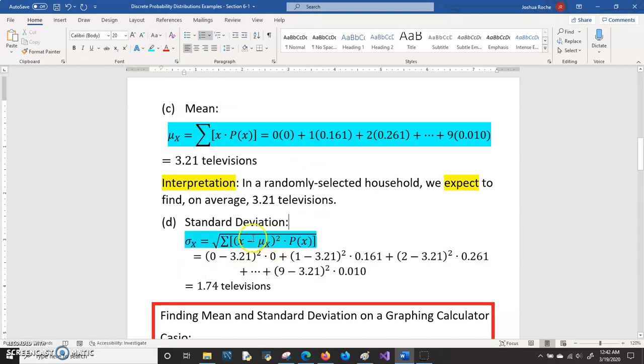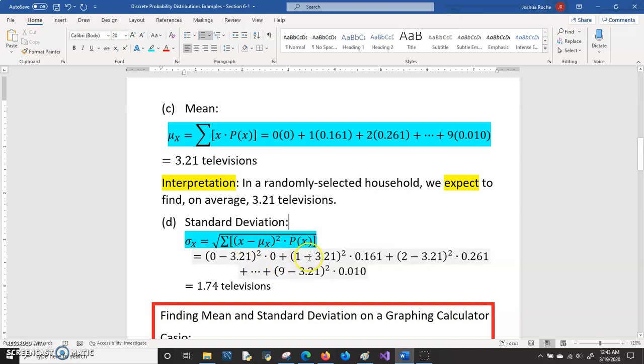This formula is one where you take every x value, you subtract the mean, you square that difference, and then you multiply times the probability. So for this one, the mean was 3.21. The first x value is 0, so I'll do 0 minus 3.21, square that, times its probability, which was 0.